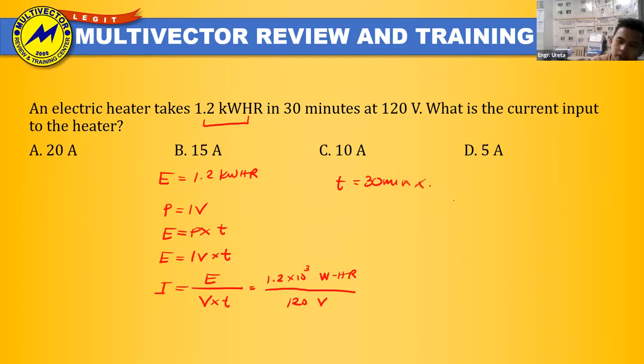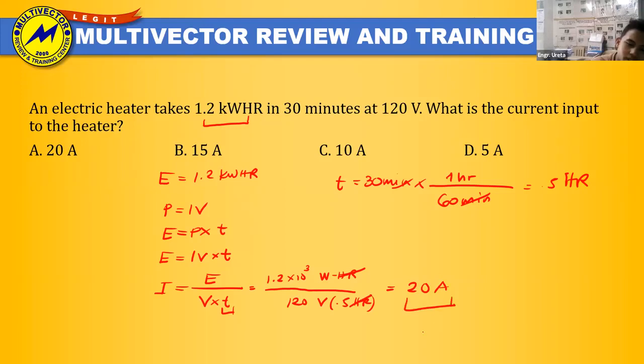Pag kinonvert nyo papuntang hour, 60 minutes per 1 hour, 0.5 hour lang. Therefore, our T here is just 0.5 hour. Magka-cancel yung hour, and watt all over voltage is current. Kaya ang tamang sagot, 20 ampere lang. So letter D. Okay, next.